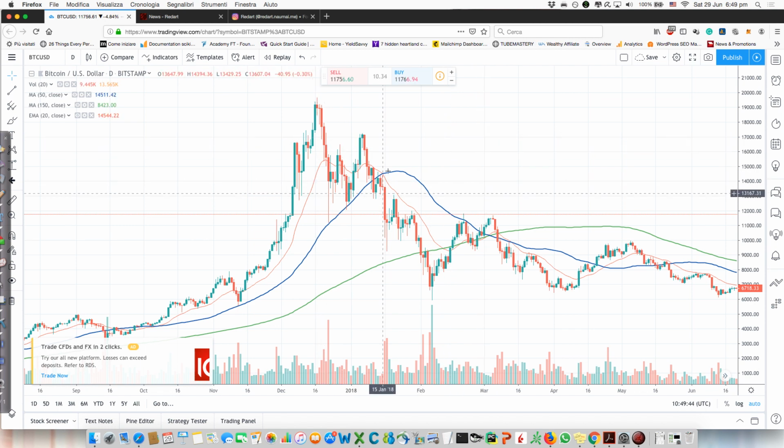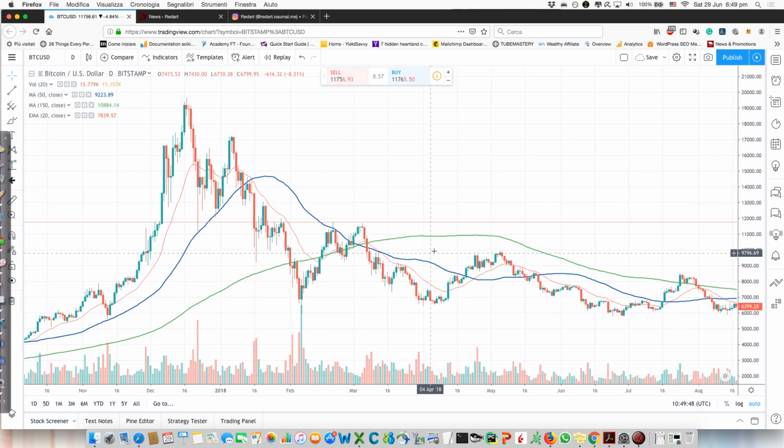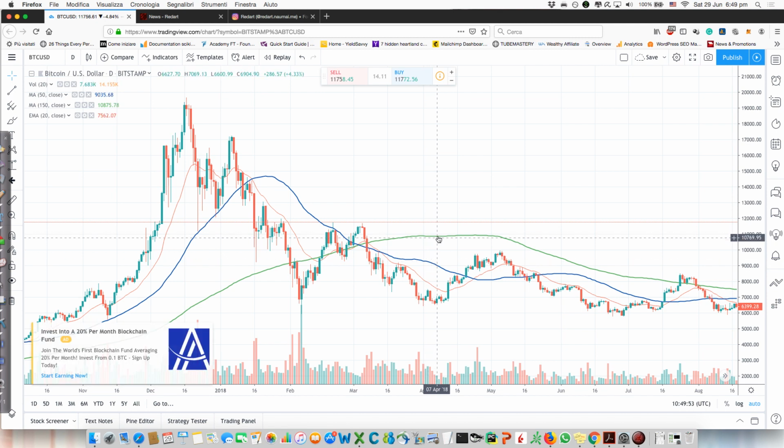Now what happened is that the price went down, and you can see here at this point the 50, the blue line, was below the 150, and at this point both were flat or sloping down. So at this point here, according to the technique that I just shared, we were in a downtrend.